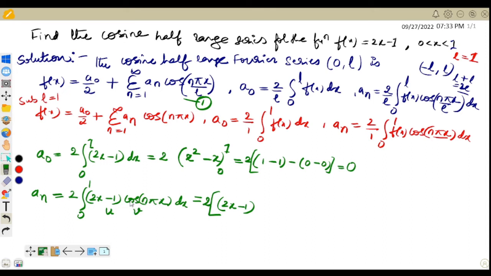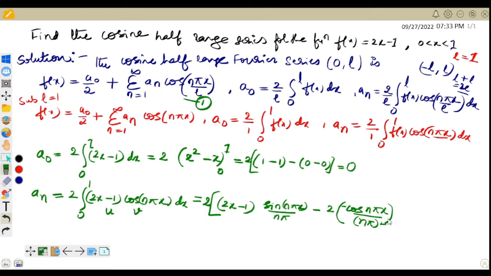Integration of cos is sin n pi x divided by n pi, minus the differentiation of 2x minus 1, which is 2 (2x is 2, minus 1 is 0), into the integration of sin n pi x by n pi, which again becomes minus cos of n pi x divided by n pi whole square.